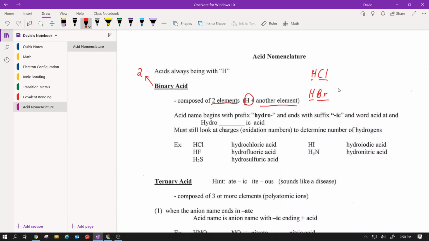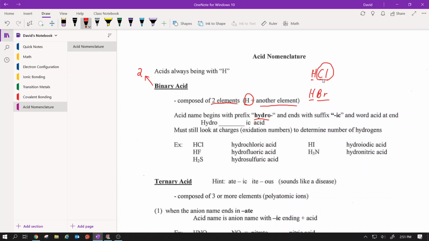Now, the way that we'll name this, when we only have two elements, the H and the other element, is we will call it hydro. And so we will name it hydro, and then we will insert the stem from the element.